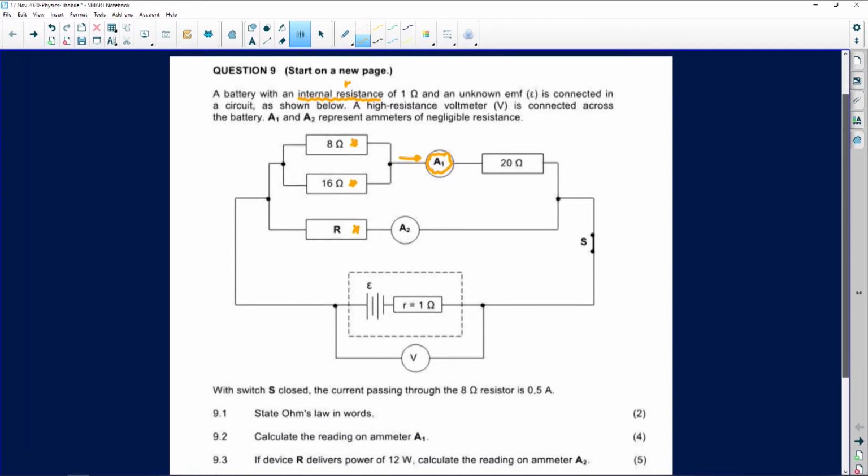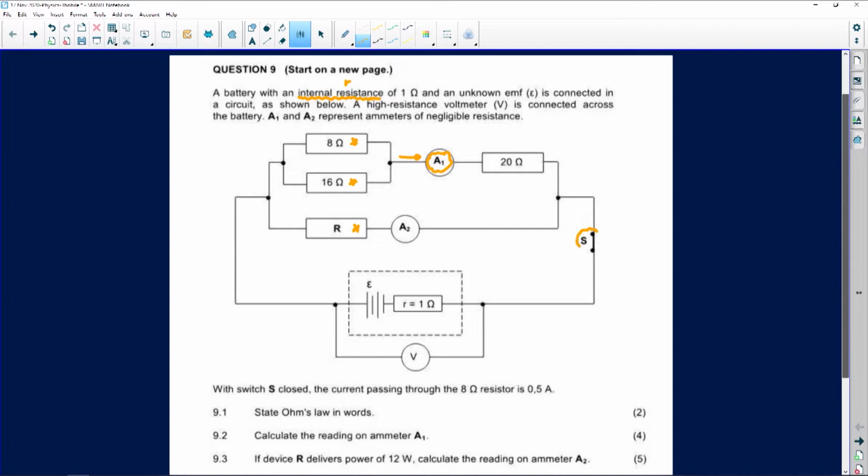Another thing to also keep in mind, we have a switch S here which is closed. It's very important to remember what happens when the switch is open and what happens when the switch is closed. In a nutshell, imagine this as being a switch: the switch is closed, the electrons or the current is really flowing, and then we open the switch. Now remember guys, electrons can't jump, right? So they can't go woo over to the other side.